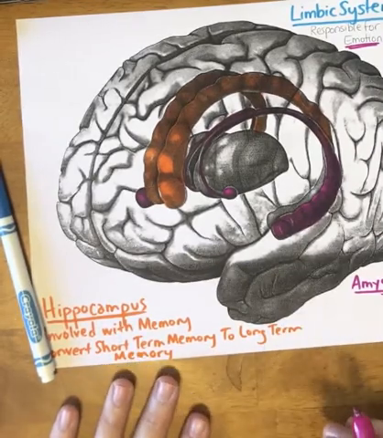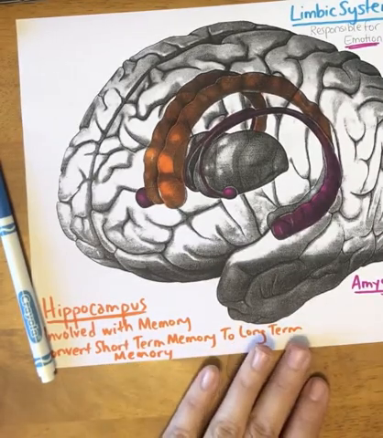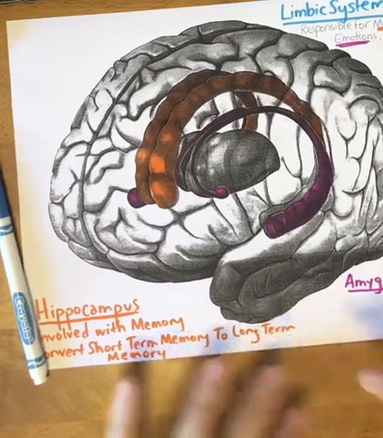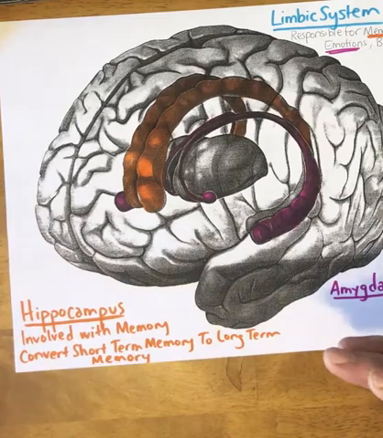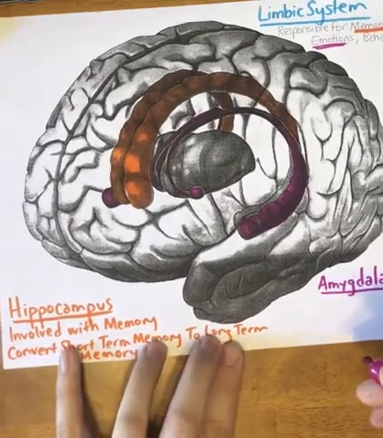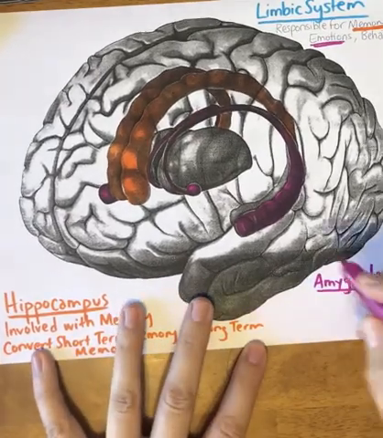The amygdala assigns emotional values to memory. So if you have had something happen to you like with ketchup, and you're like, oh, I hate ketchup, it just pisses me off, for whatever reason, you can assign emotional value to any memories involving anything.